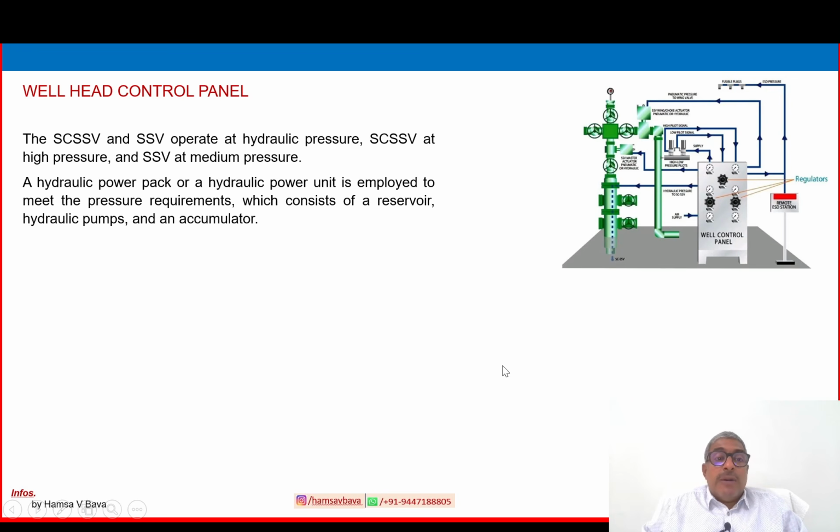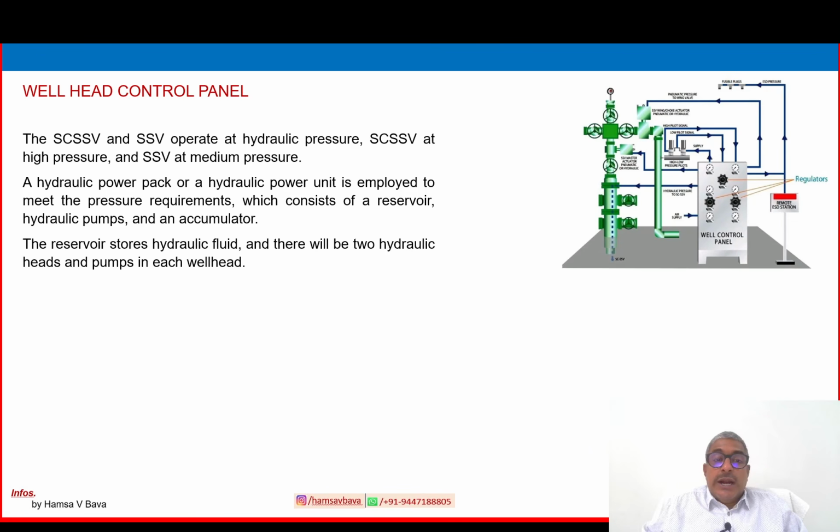A hydraulic power pack or hydraulic power unit is employed to meet the pressure requirement, which consists of a reservoir, hydraulic pump, and an accumulator. The reservoir stores hydraulic fluid, and there will be two hydraulic pumps in each wellhead.